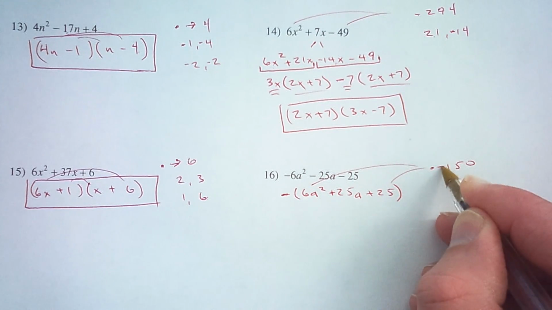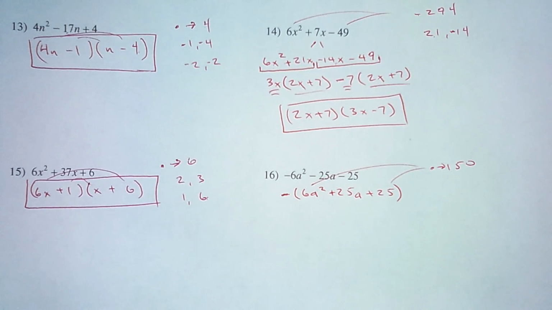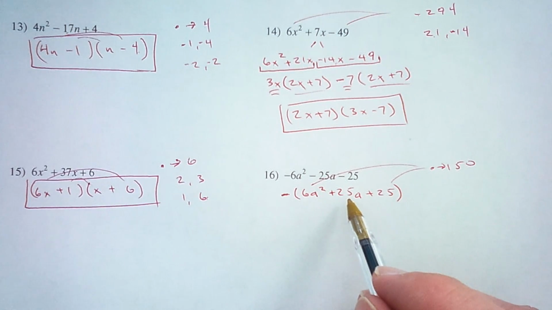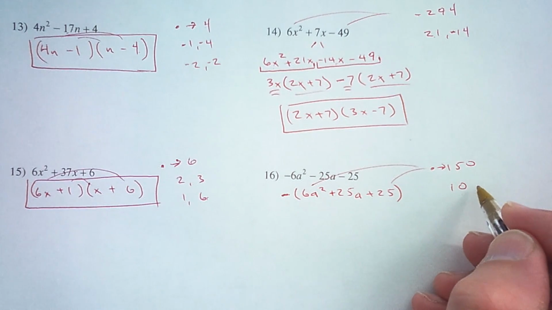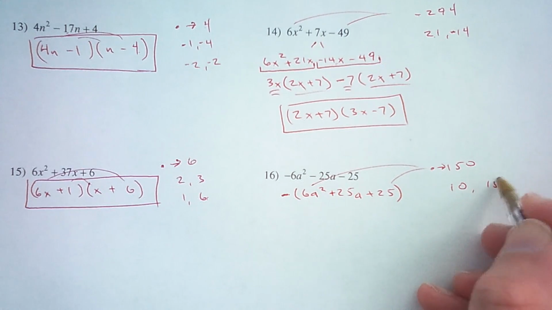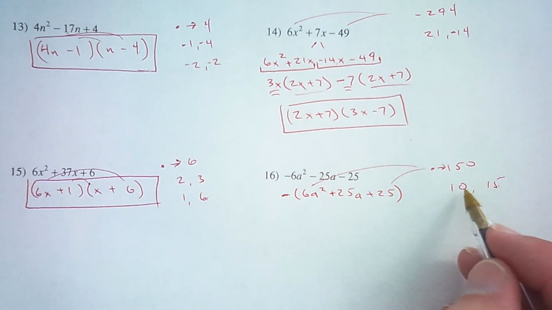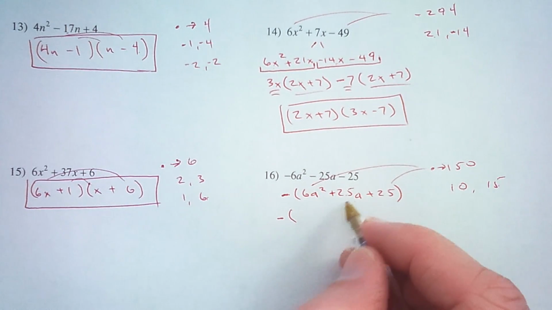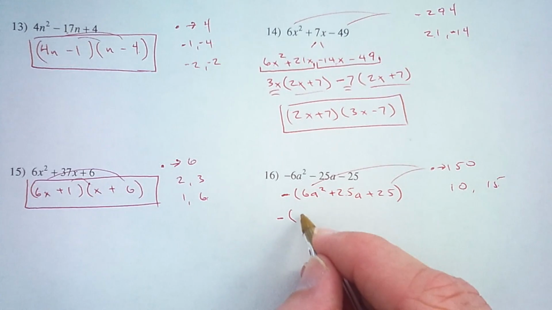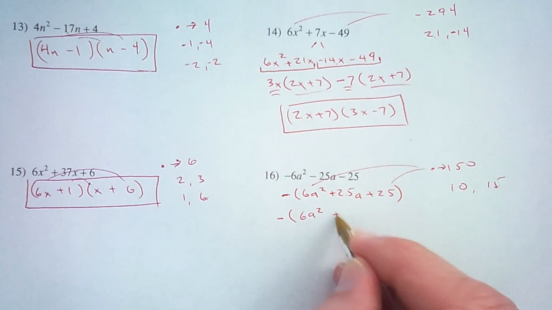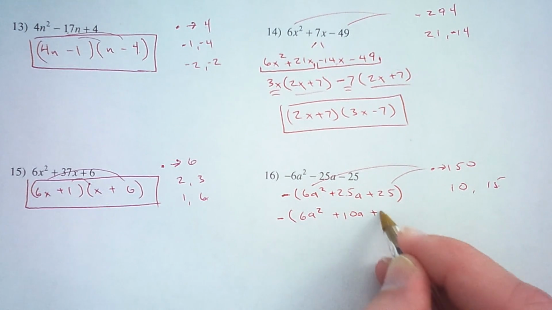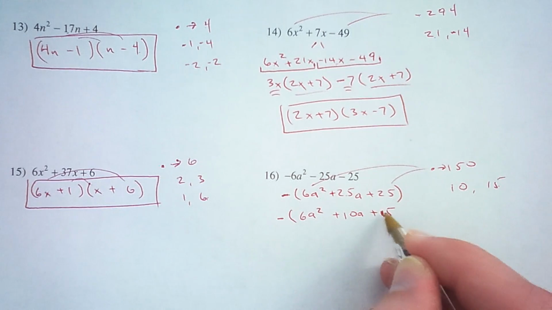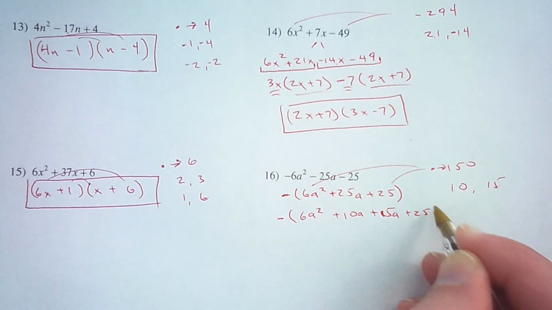So I need two numbers that multiply to 150 and add up to 25. And I think I can make that happen with 10 times 15. 10 times 15 is 150. 10 plus 15 is 25. So I'm splitting up this 25a, so I have 6a squared plus 10a plus 15a plus 25.